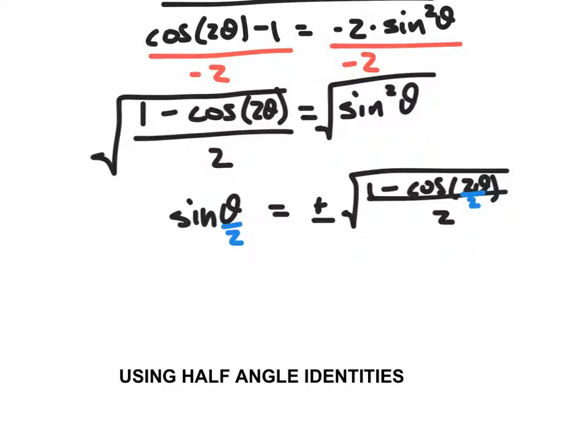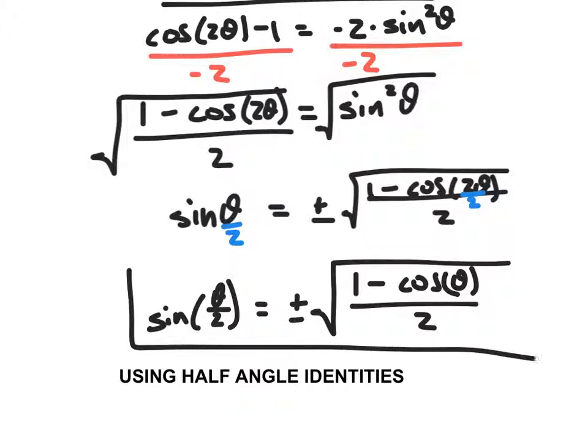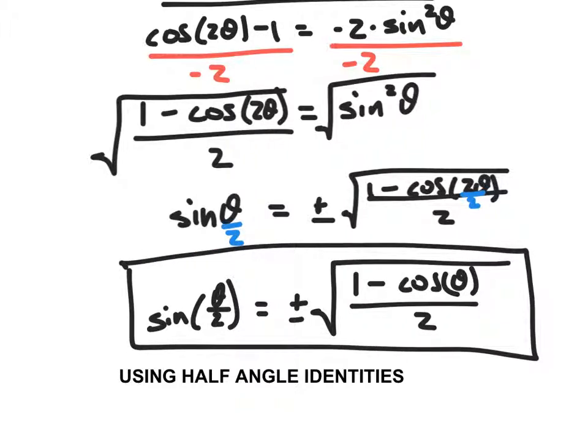And so what I now have is sine of theta over 2 is equal to plus or minus the square root of (1 minus cosine of theta) over 2. And this is my half angle identity for sine.